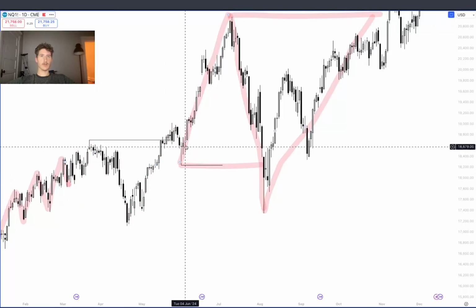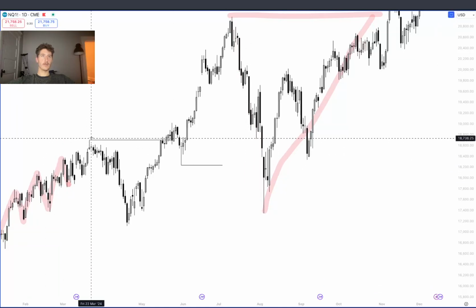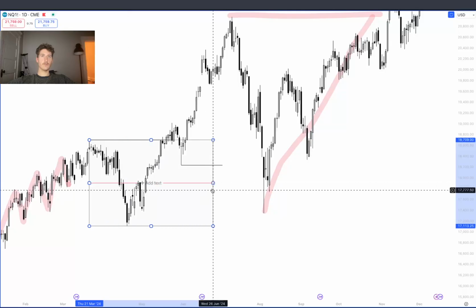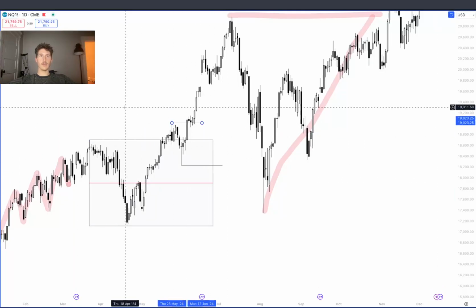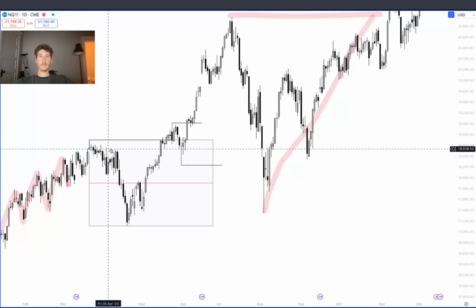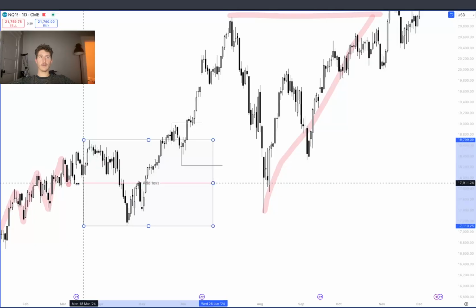Let's get rid of these drawings. The Mark II is the spot that takes you from inside of this flip zone to back outside of the flip zone over the high that brought you in. So how to identify the Mark II? Step one, look for closure up out of the swing, okay?